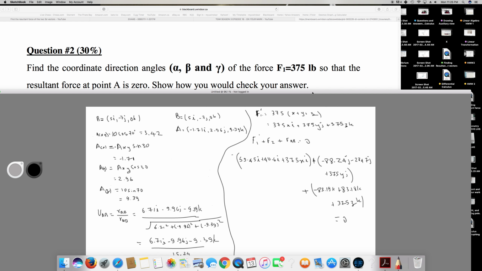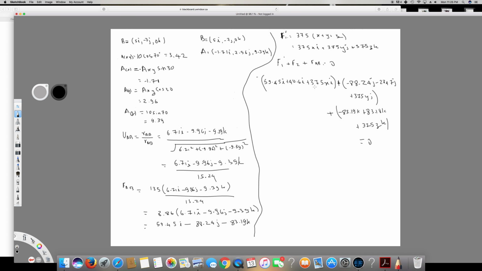So from this equation, all of the I components are equal to 0, all of the Y components are equal to 0, all of the Z components are going to be equal to 0. So let's bring it separately.